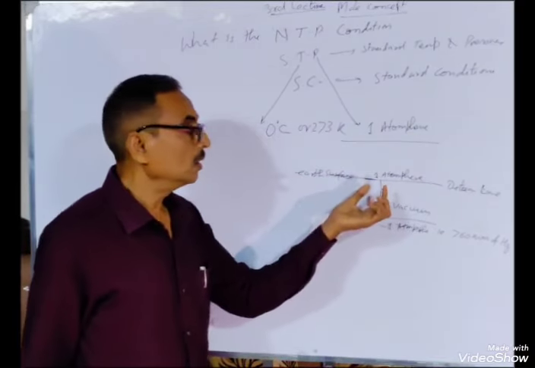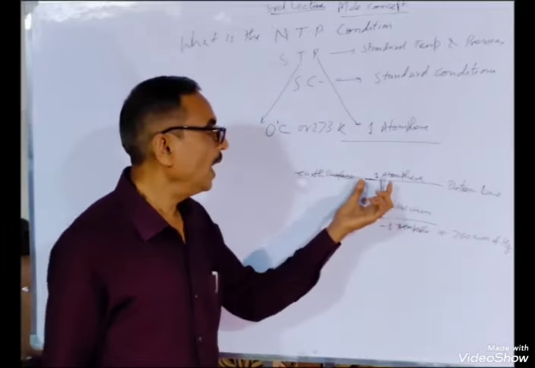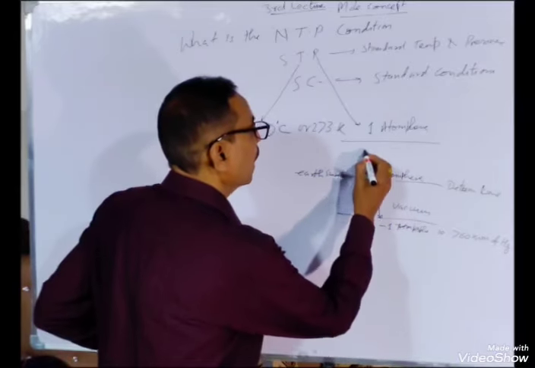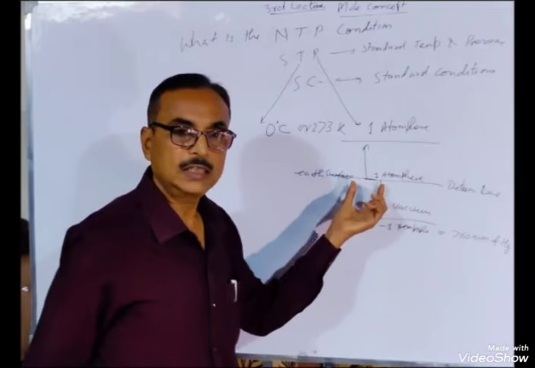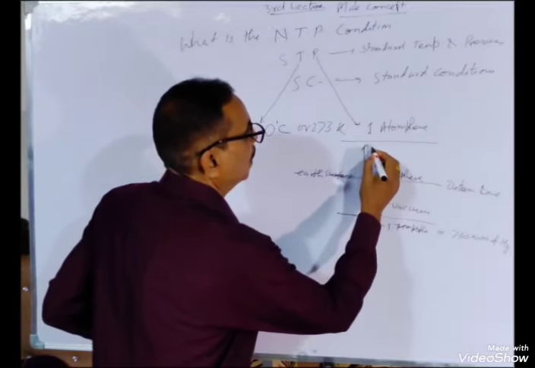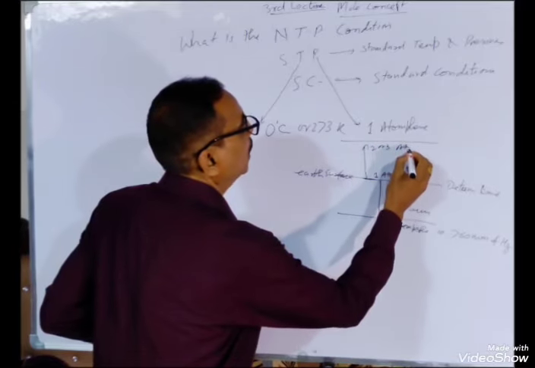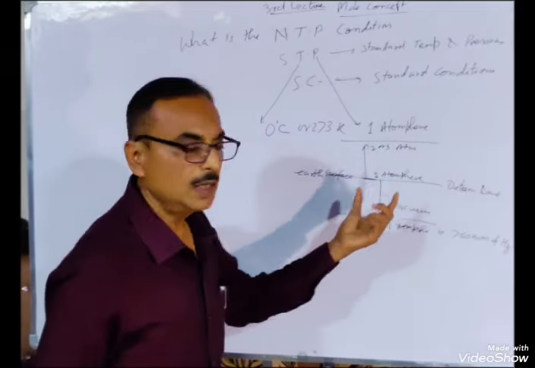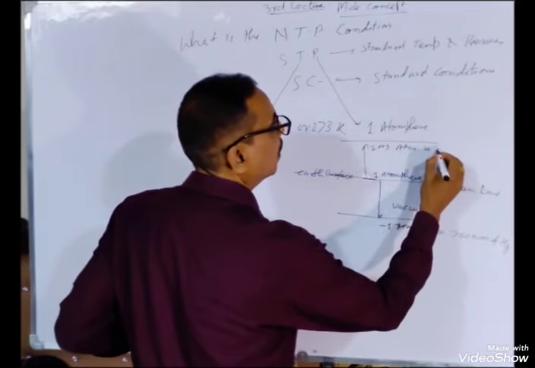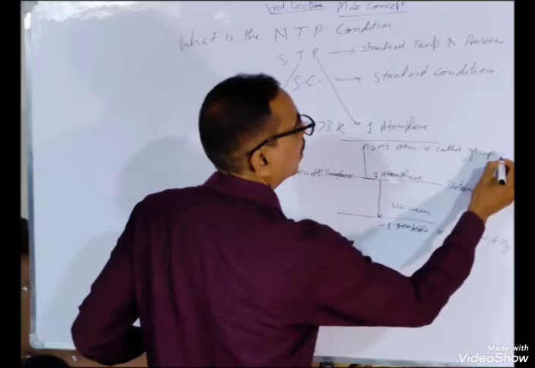The pressure below the earth surface is called vacuum, and the pressure above the earth surface, 2 or 3 atmosphere, more than 1, is called gauge pressure.